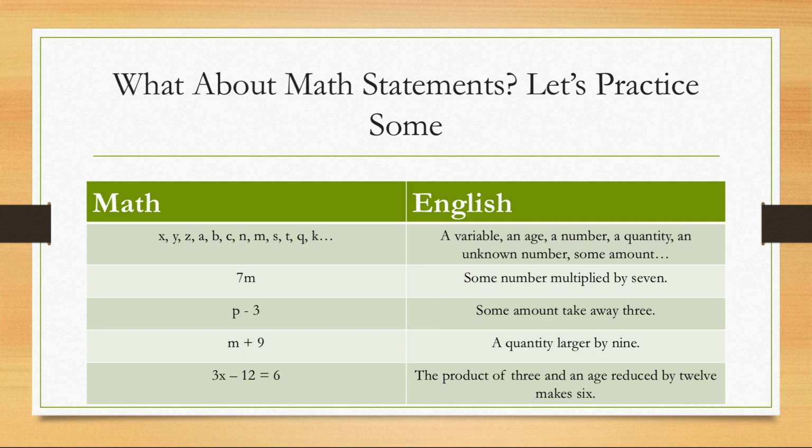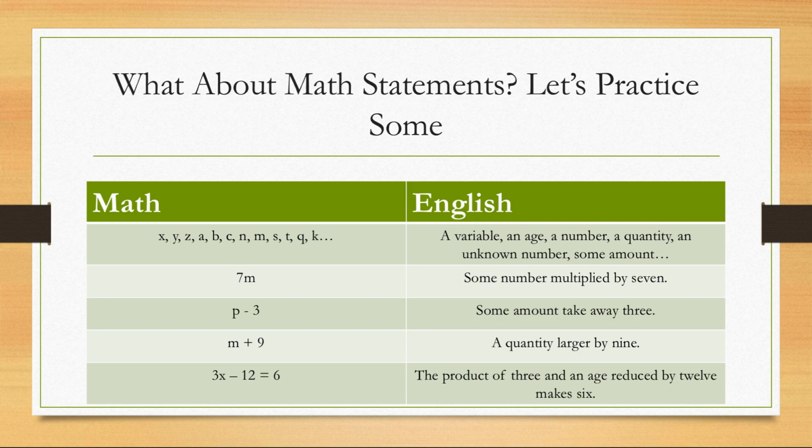All right, next one. We've got some amount take away 3. And now the order of operations is very important here because it's not some amount taken away from 3, it's some amount take away 3. So we know that that 3 is taken away after we find some amount.